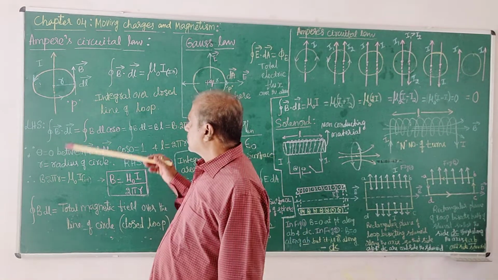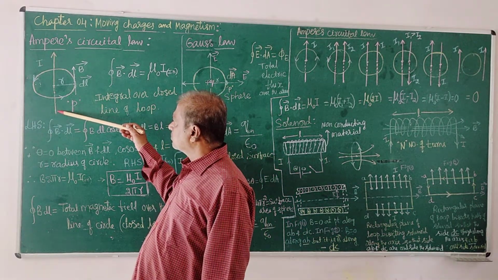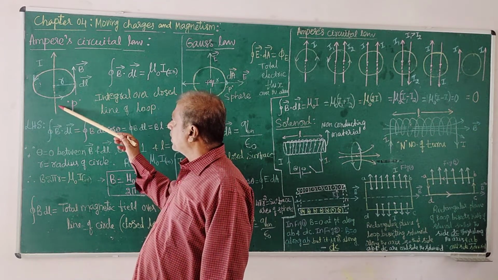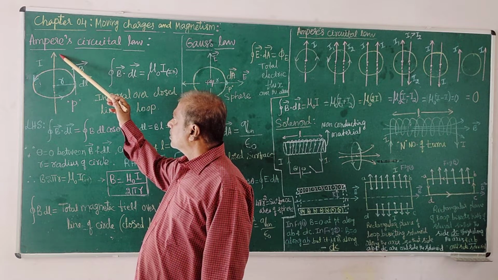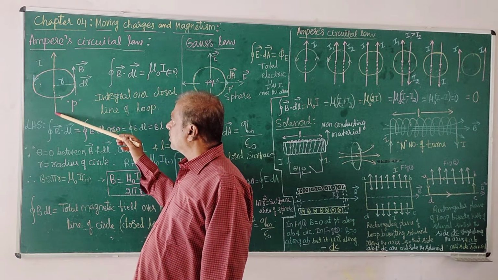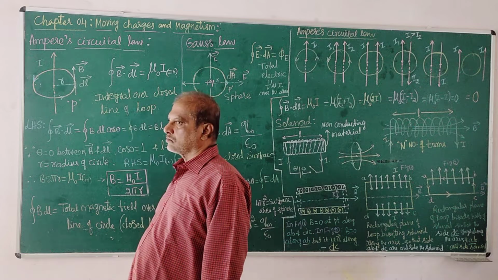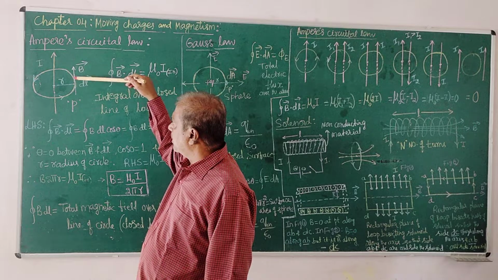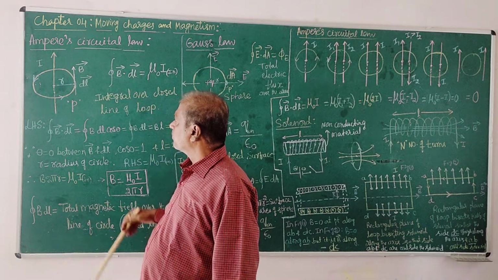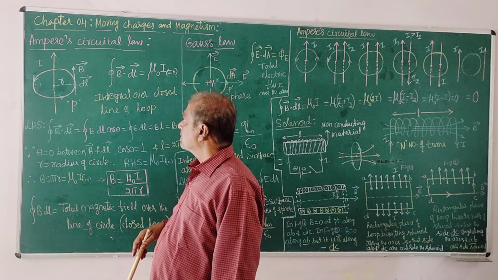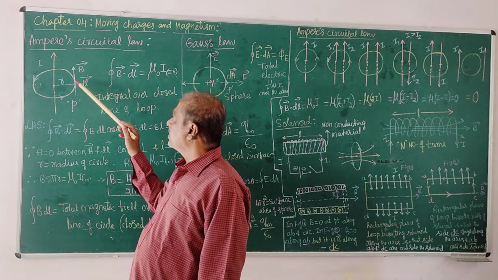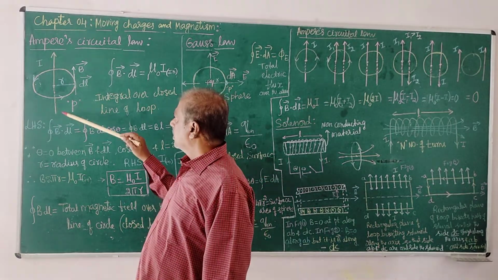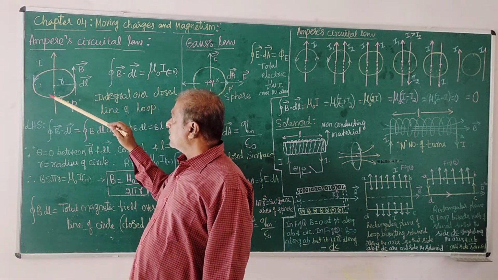This straight line says electric current is flowing in this direction, or the charges are flowing along this line. And the circular line around it represents the magnetic field and also the length of the line.